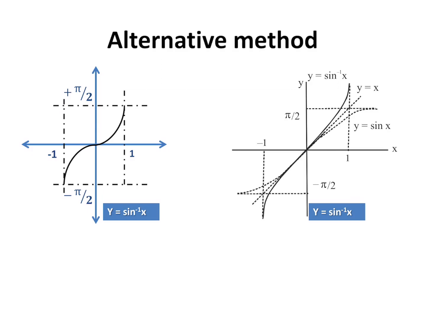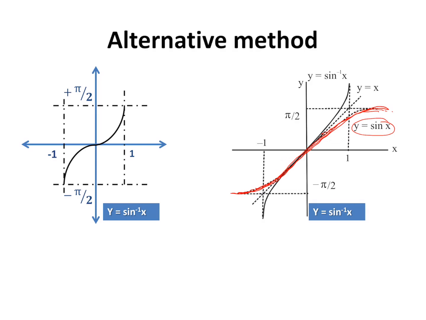Let's see in the diagram here. The normal function, which is from -1 to 1, -π/2 to +π/2, will look something like this. This dotted line is the graph of sine x. Yes, I am highlighting it in red color like this.